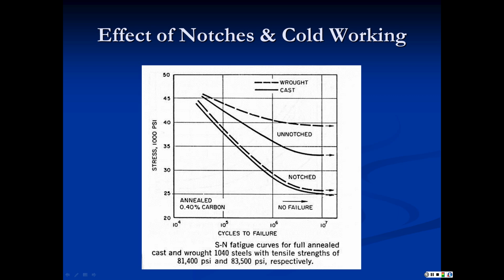And then a wrought material is a cast material that has been rolled or hammered or something into its final dimensions or final shape. And that forming process dramatically improves the properties. It tends to break up large inclusions. It's going to give you a controlled grain structure. And so wrought product is almost always superior.